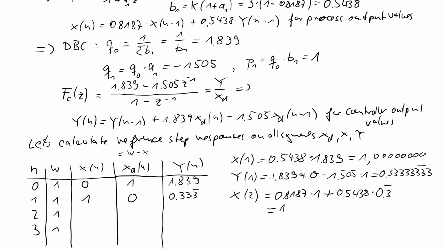And if you type this in, I have checked this. If you calculate with more than 4 significant digits, you will also get a 1. So this stays at 1. So with the control difference, this must stay at 0.